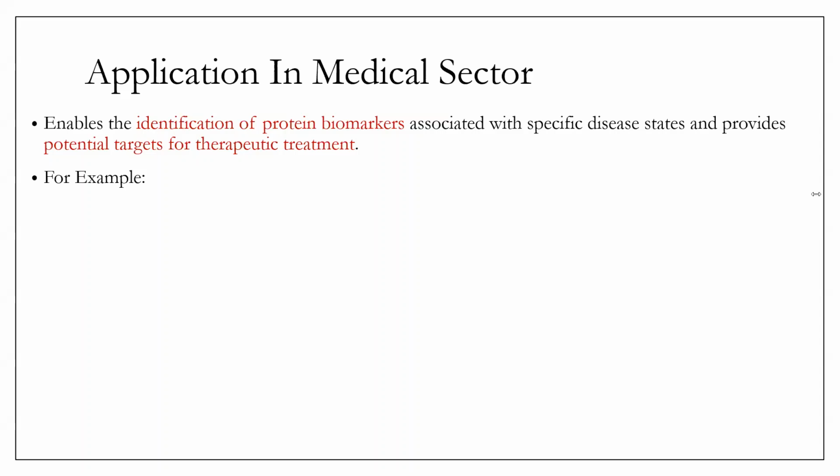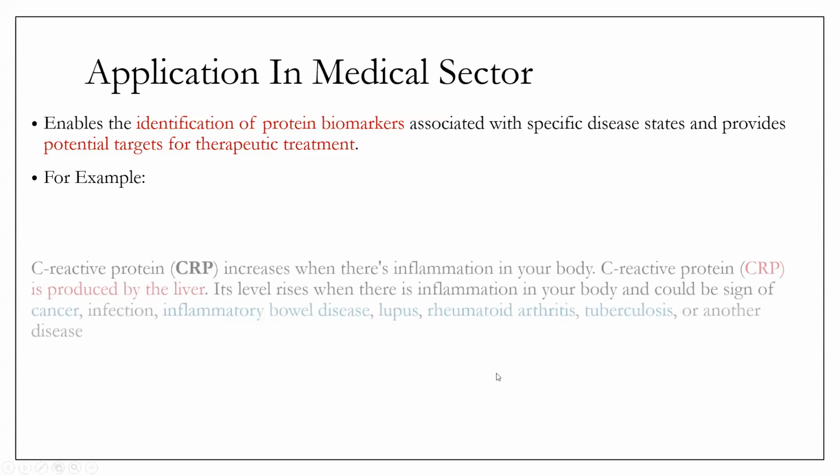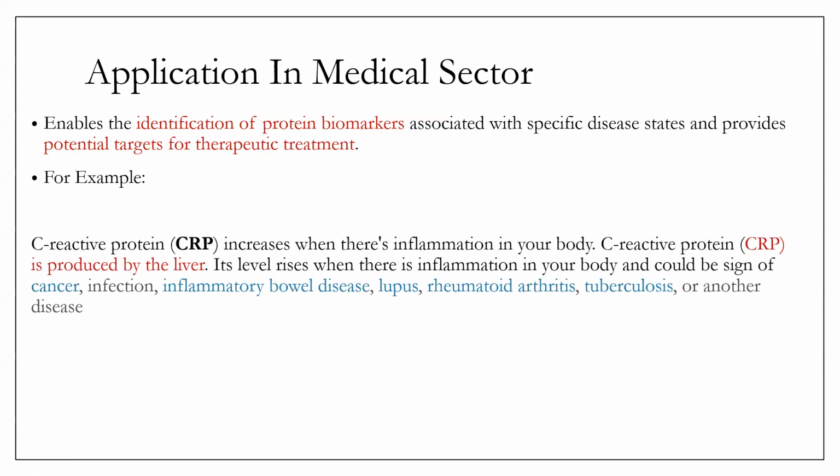Apart from that, you've heard about CRP. Have you heard about CRP protein? This is the C-reactive protein, which increases when there's inflammation in your body. It is produced in the liver, and when there's inflammation, its level rises.